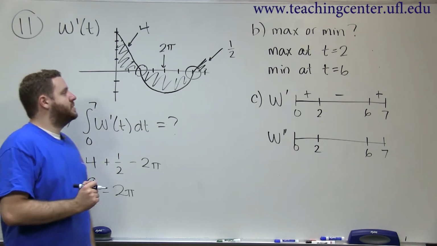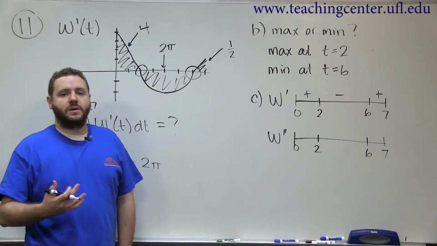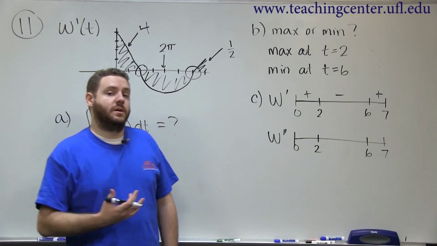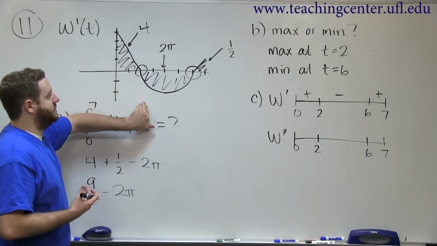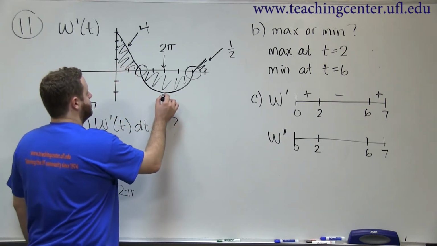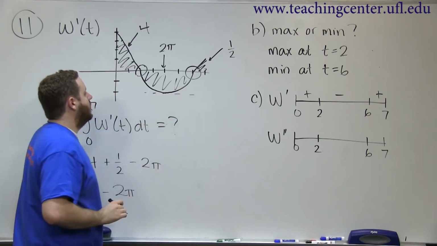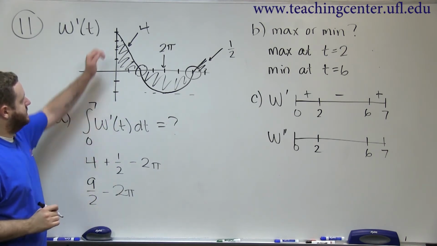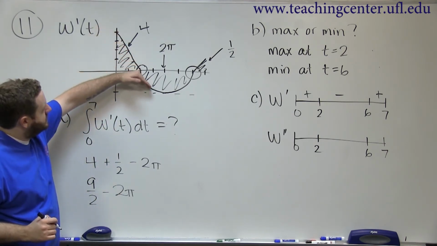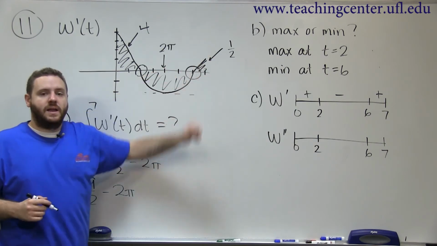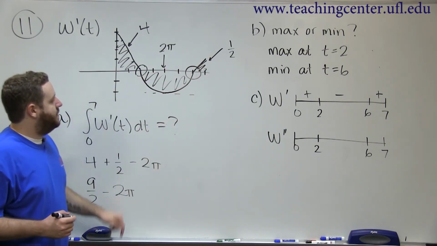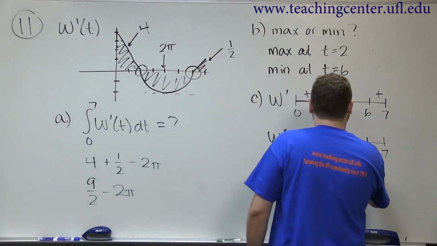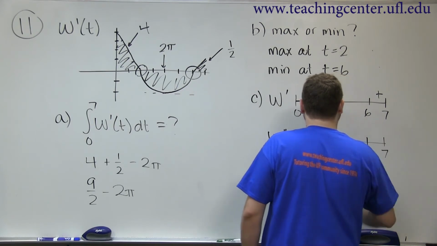And the only other numbers we would need to put on this number line is where is this derivative 0? Where is the derivative of this graph 0? Well, that only happens right here at the bottom of that circle, because this is all decreasing, decreasing, decreasing. Now it's increasing, and it increases for the rest. So that happens at 4. So we have to put that on the number line also.